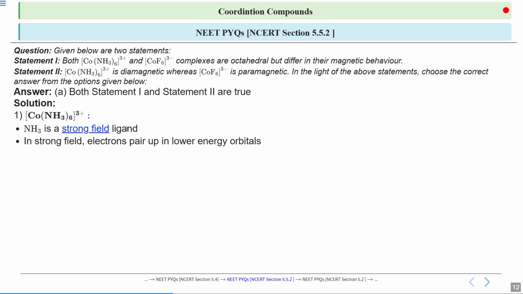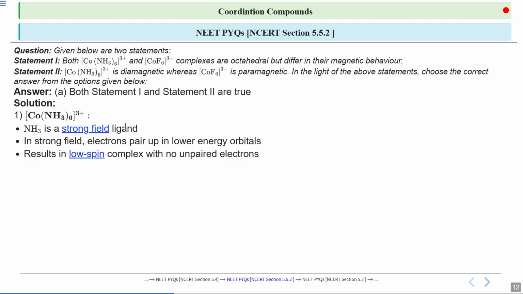So in the presence of a strong field ligand, electrons will pair up in the lower energy orbitals and it will result in a low spin complex with no unpaired electrons. So all these lines are interrelated. First of all, we are claiming that ammonia is a strong field ligand present in this complex.